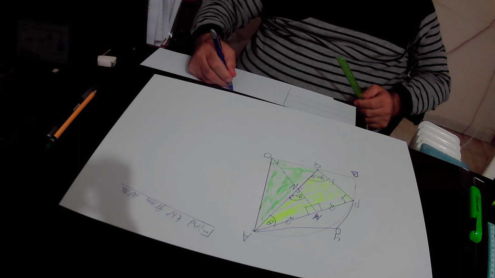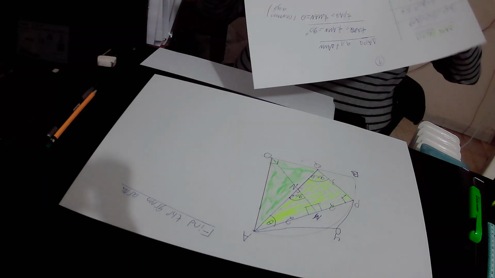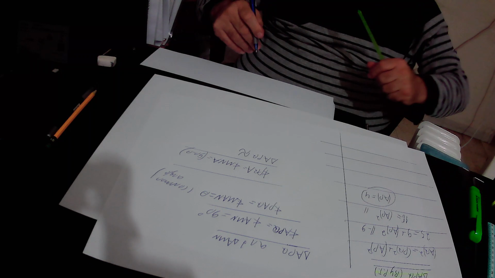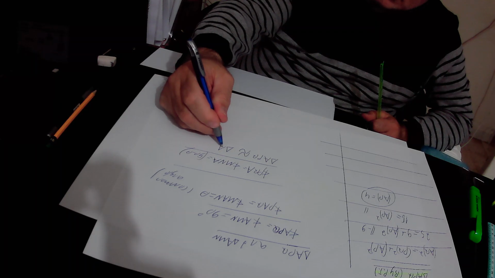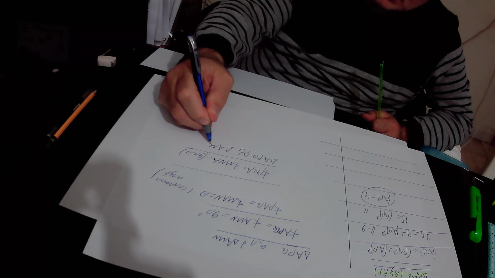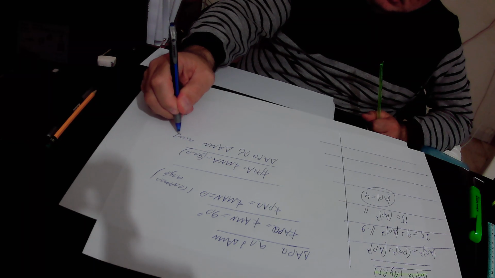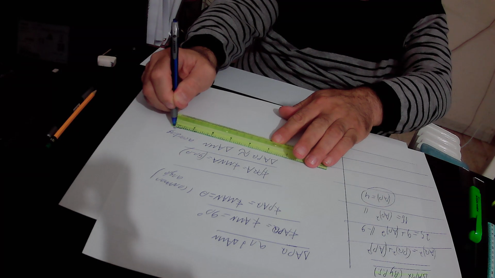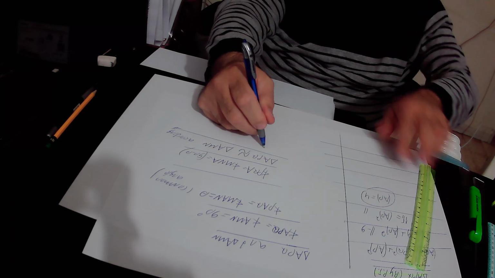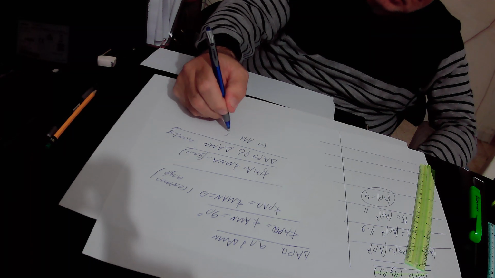Triangle APQ is similar to triangle AMN according to angle similarity rule.